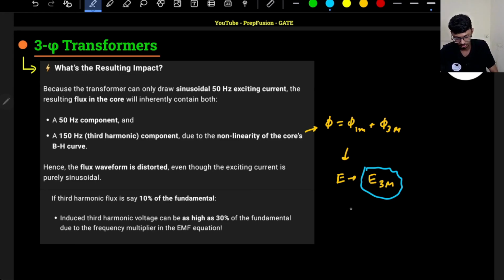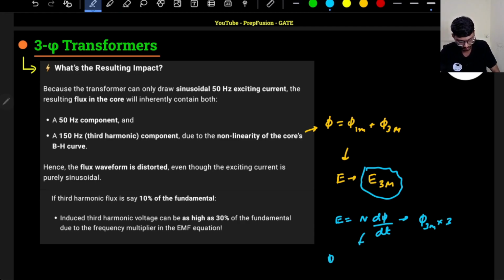What is the problem? How does the induced voltage come up? The induced voltage is E equals N d phi by dt. If I differentiate the flux, the peak value will be phi 3m into 3. Why?